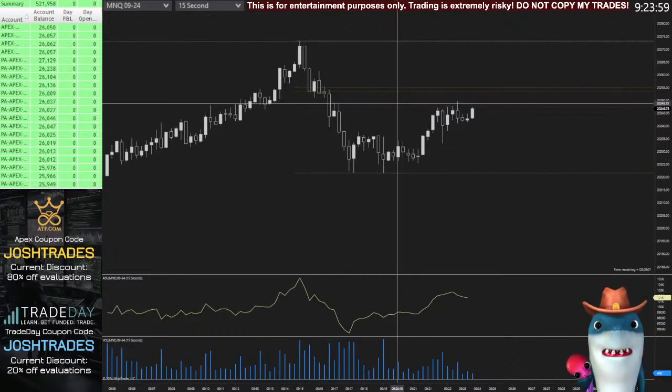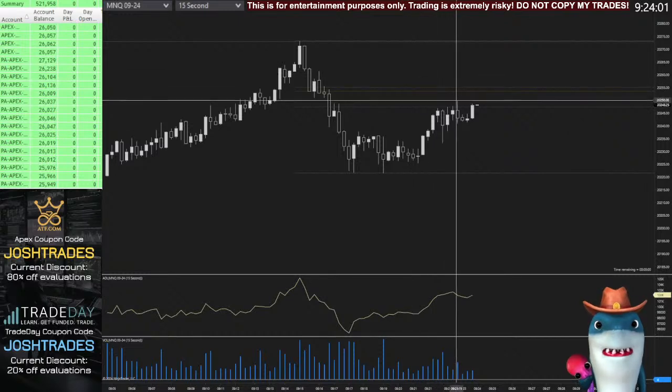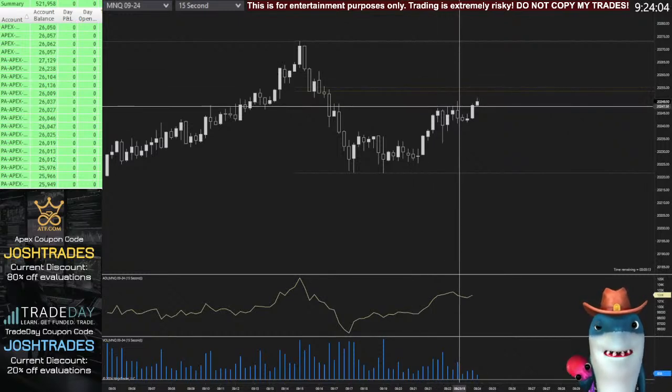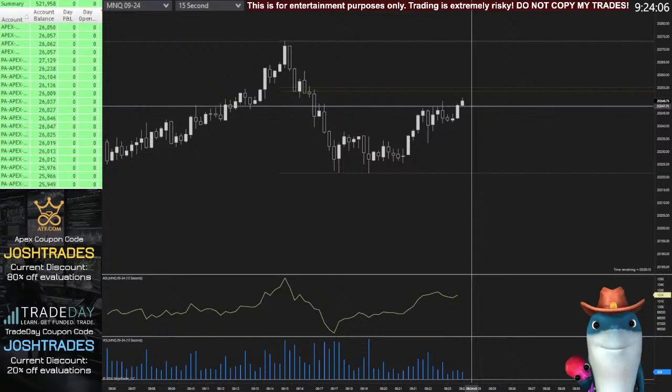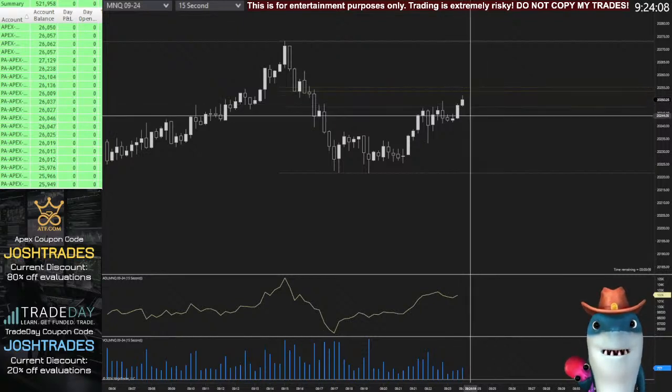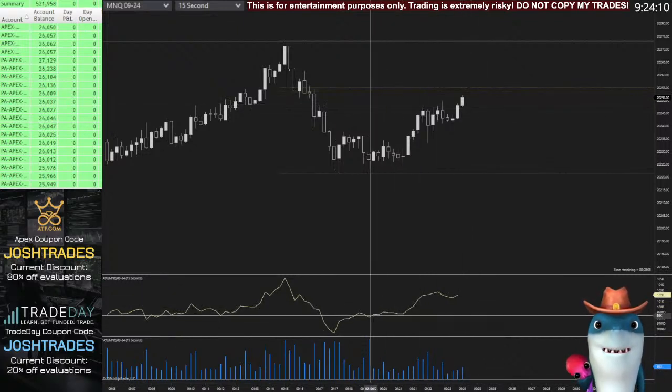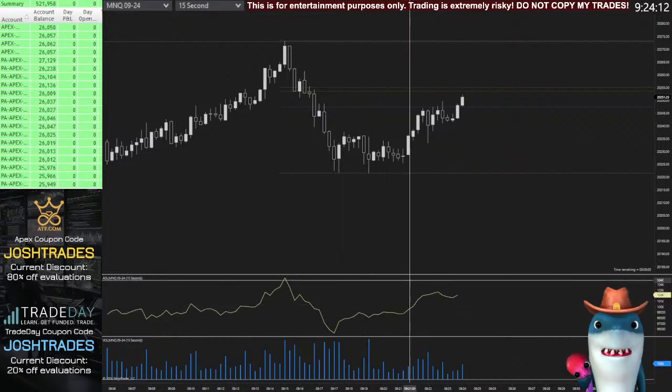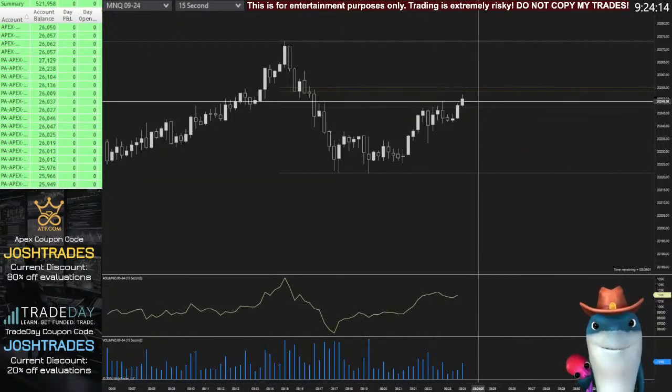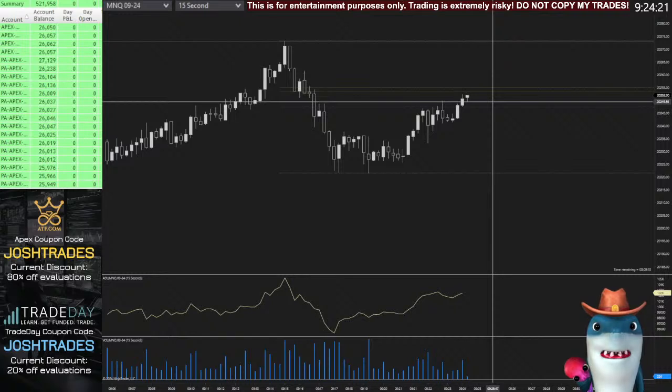You can see that this is the 50% Fibonacci retracement level. Yeah, we're not seeing any bearish divergence on AD here. So I don't think you can go short here.